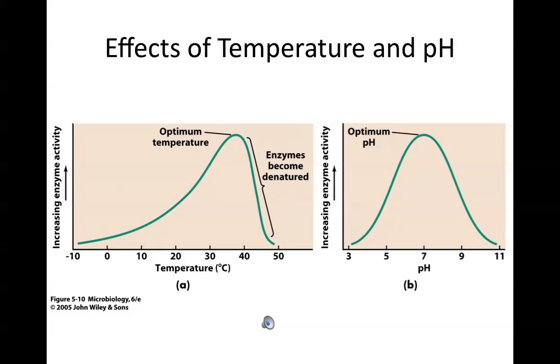Notice that the bell-shaped curve for the pH range is much more symmetrical, because typically changing pH does not denature a protein. So we'll find that there is an optimum pH where we have ideal function, and then on both sides of that optimum, we can have essentially a more acidic or a more alkaline environment where the enzyme may or may not function.